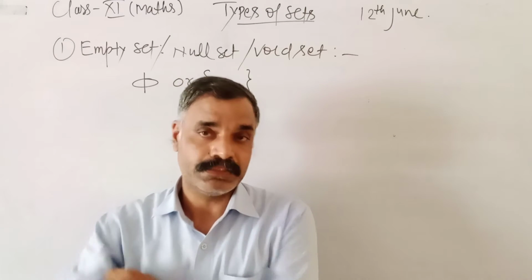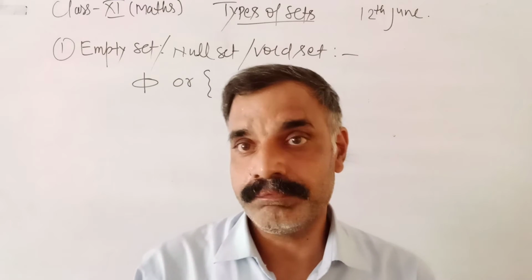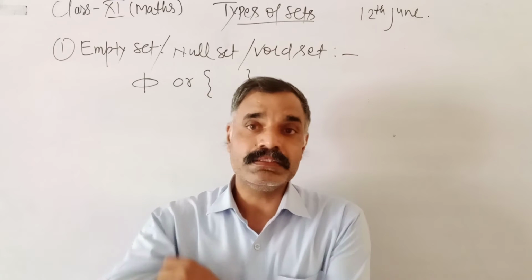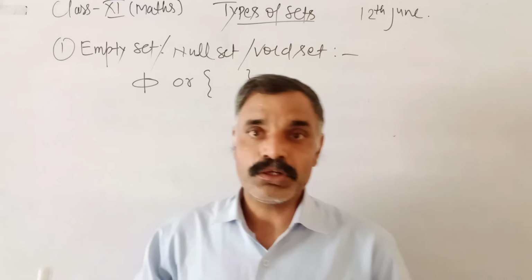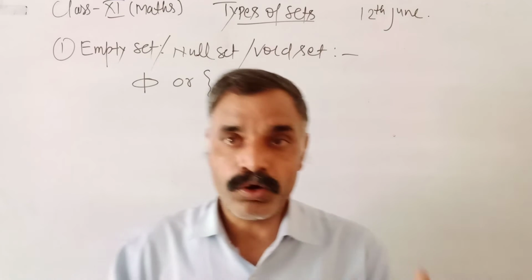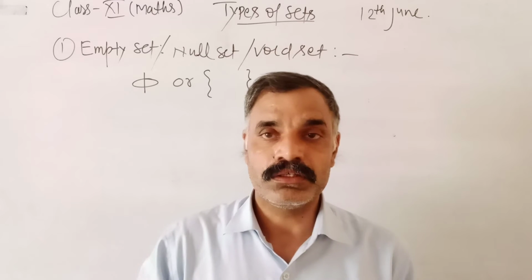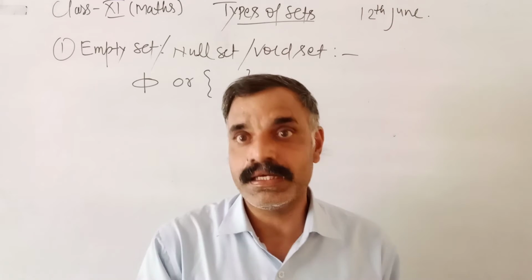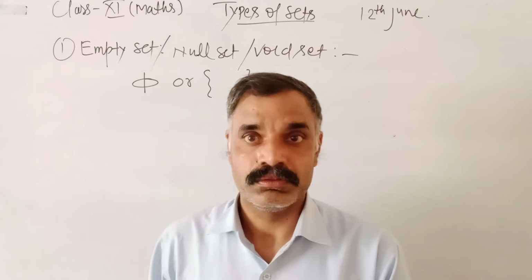Now what is an example of an empty set? The example is the set of all boys of class 10th in a girls school. The set of all boys of class 10th in a girls school is an empty set, as there is no boy in a girls school.